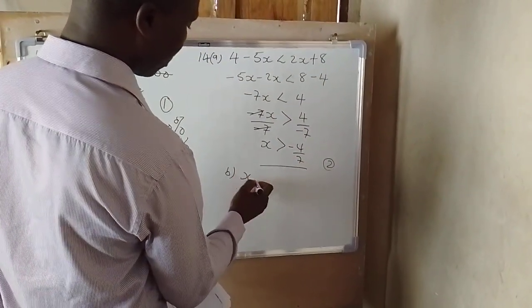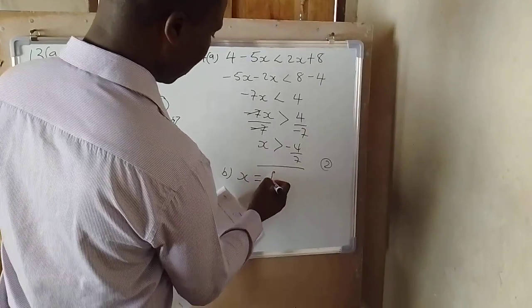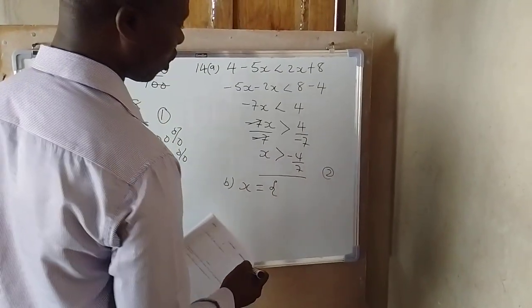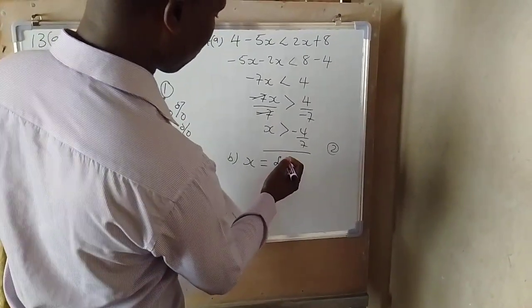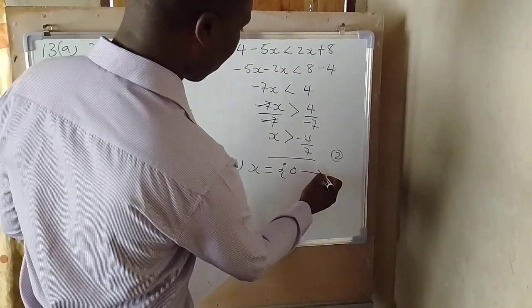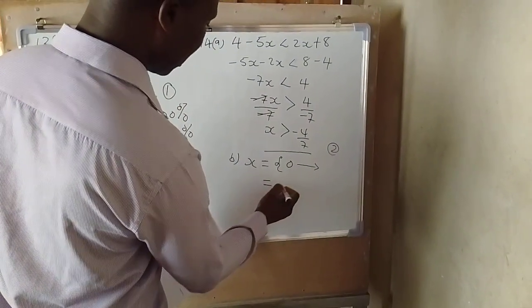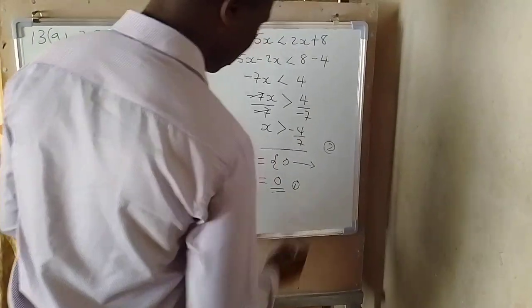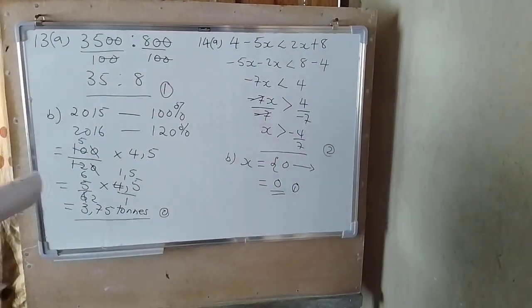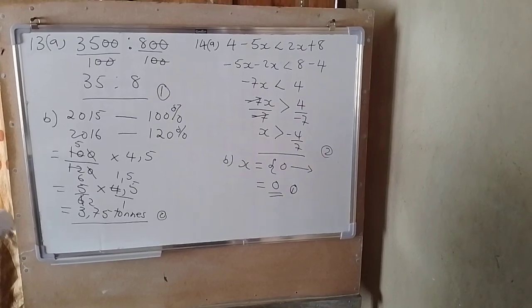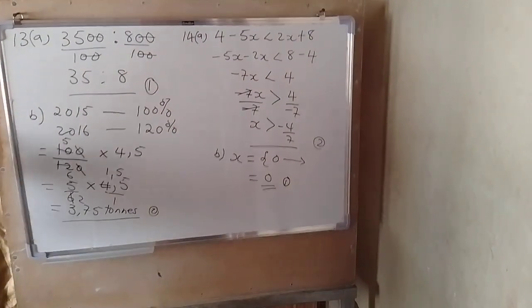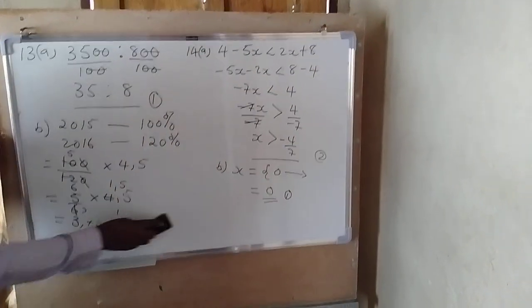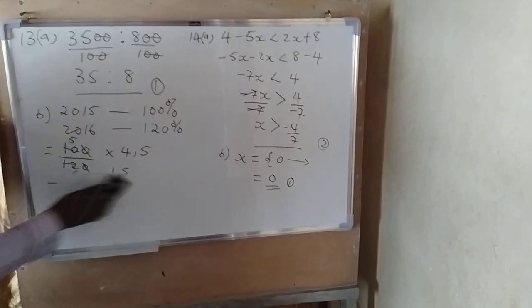So for x, taking integer values only, we start from 0 going upwards. So the smallest integer is 0. This is for 1 mark. The smallest integer is 0, because x is greater than minus 4 over 7. So that's the smallest integer. Thank you very much for that.